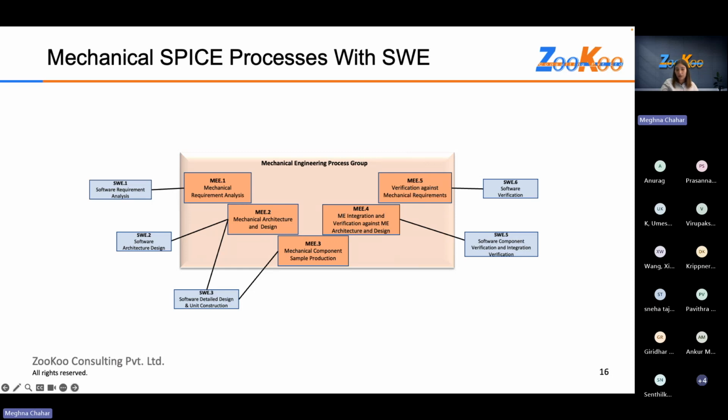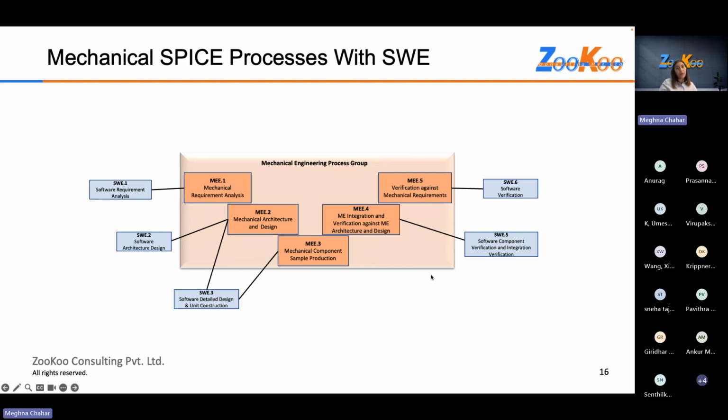That is the focus. So we have requirements in line with this, architecture and design similar to SWE2 or 3, then our sample production. This is not for series production, but support for it, giving what specifications should be there, what type of testing should be there, and all. And then we have verifications which are in line with the software process.